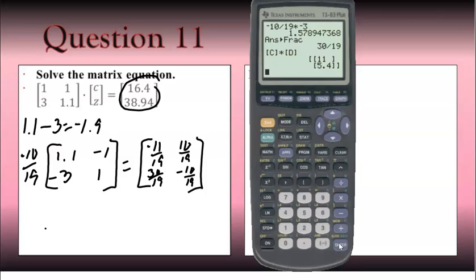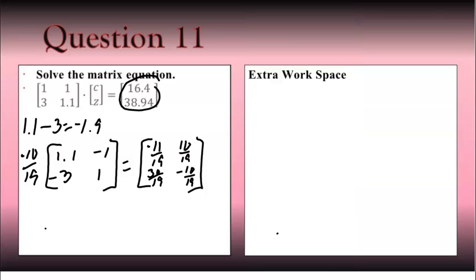Now if we were to do this all completely by hand, I'm going to put this other matrix here, so negative 11/19. Actually, we're going to just multiply this by 16.4 and 38.94. So we have row 1 times column 1.